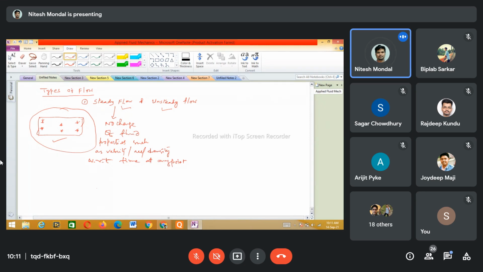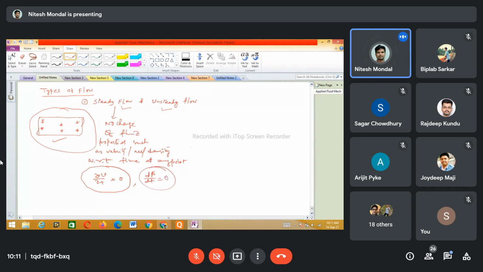So what will happen? Let u be the velocity, so du by dt: there is no change of velocity, so velocity is constant, so its derivative will be 0. Similarly, d rho by dt will be 0. So this is the steady flow.